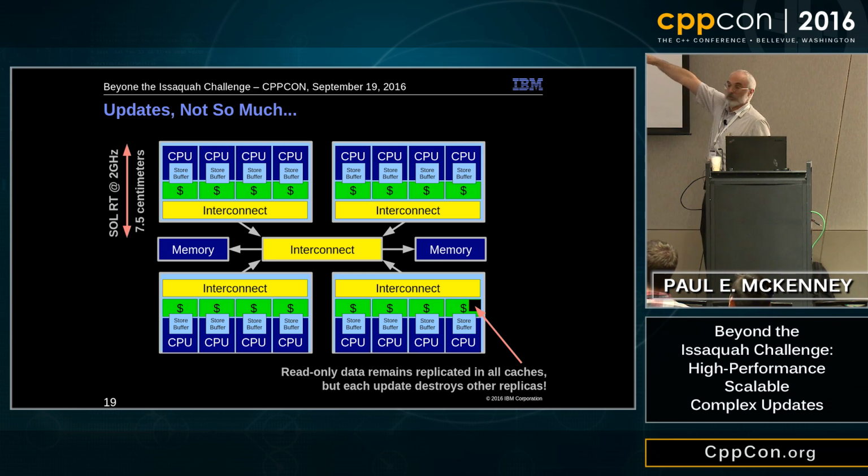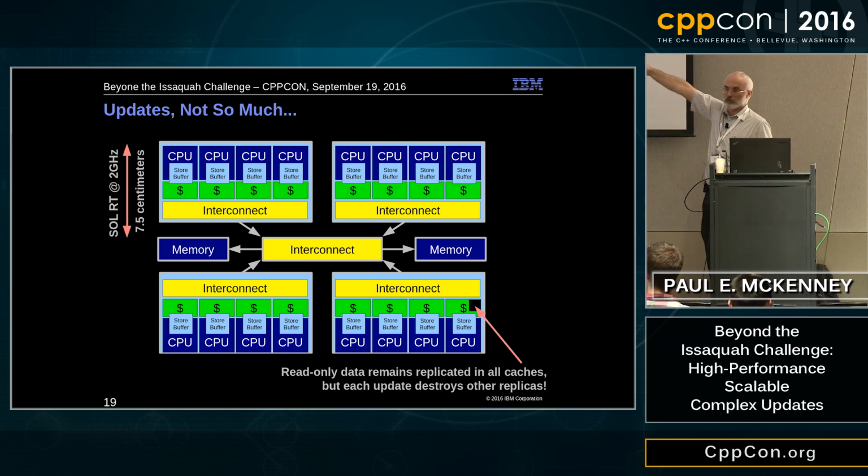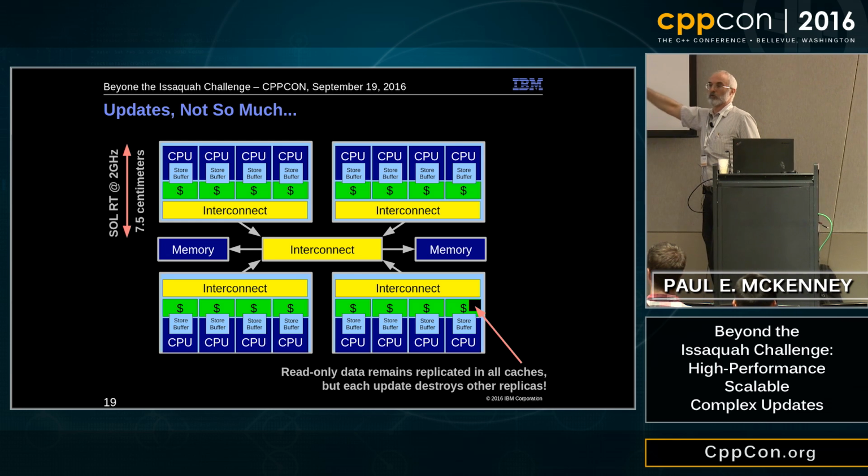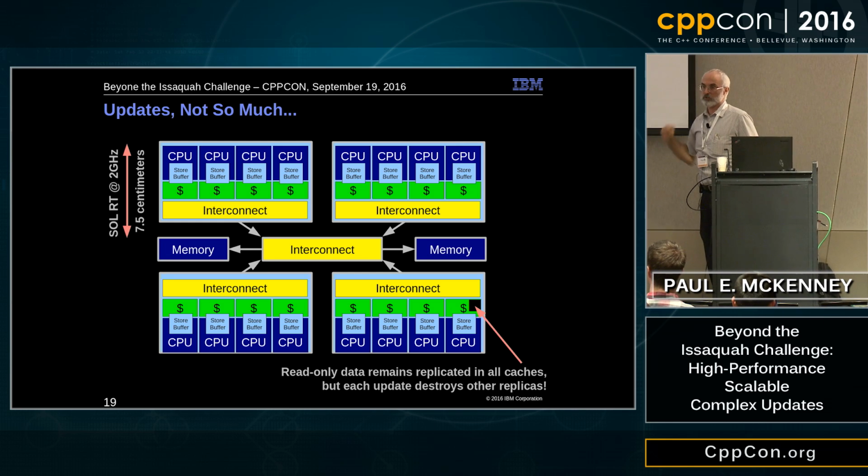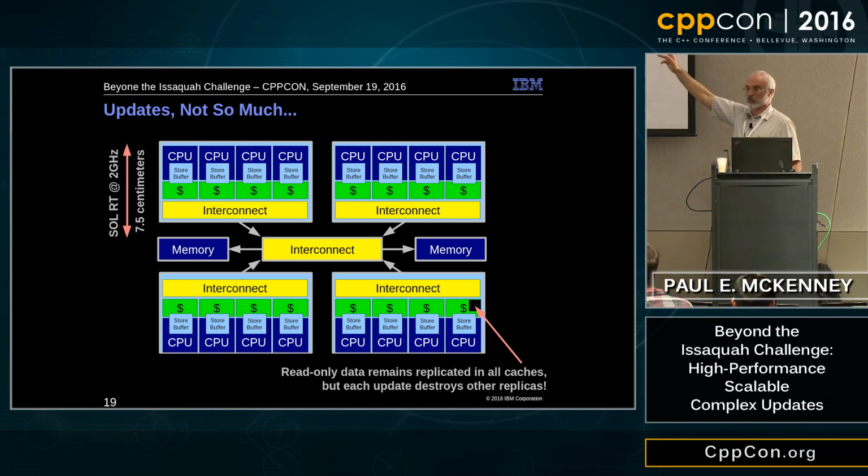It's now back in the updater's cache, and everybody else has lost it. The update operation was expensive, although the CPU designers usually overlap that with everything, so you don't notice it as much. Write buffers, wonderful things. But the next time those other guys read, they get the full electrical price across the system to get that value back, and that hurts.